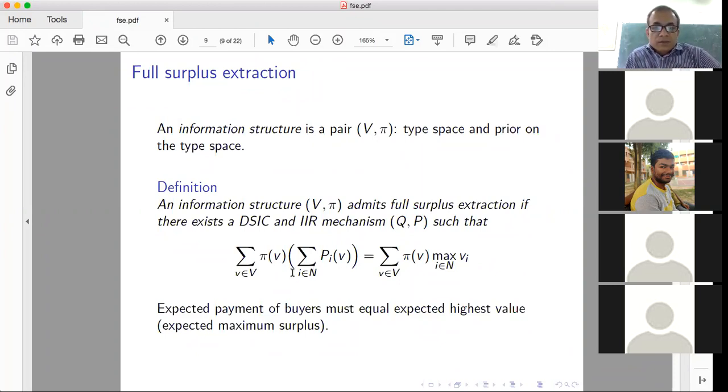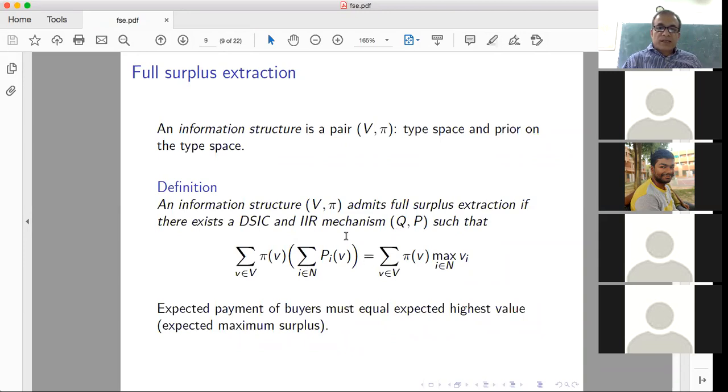Basically, at each type profile, you extract the max of vi. So at every type profile, the maximum that you can extract is the max of vi. The probability of that particular type profile is pi(v). So the expected highest surplus that you can extract is the right-hand term.